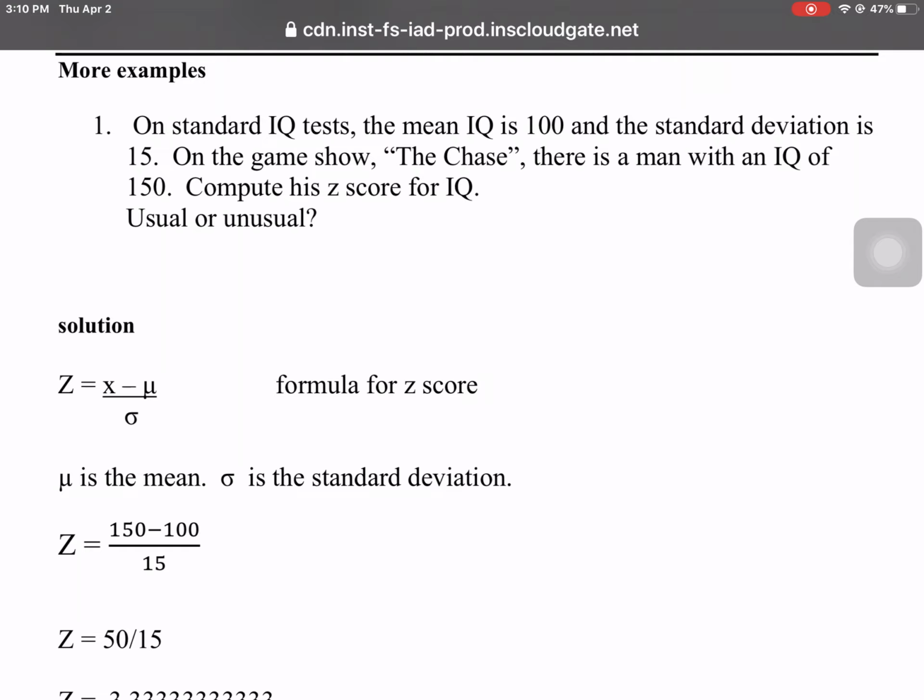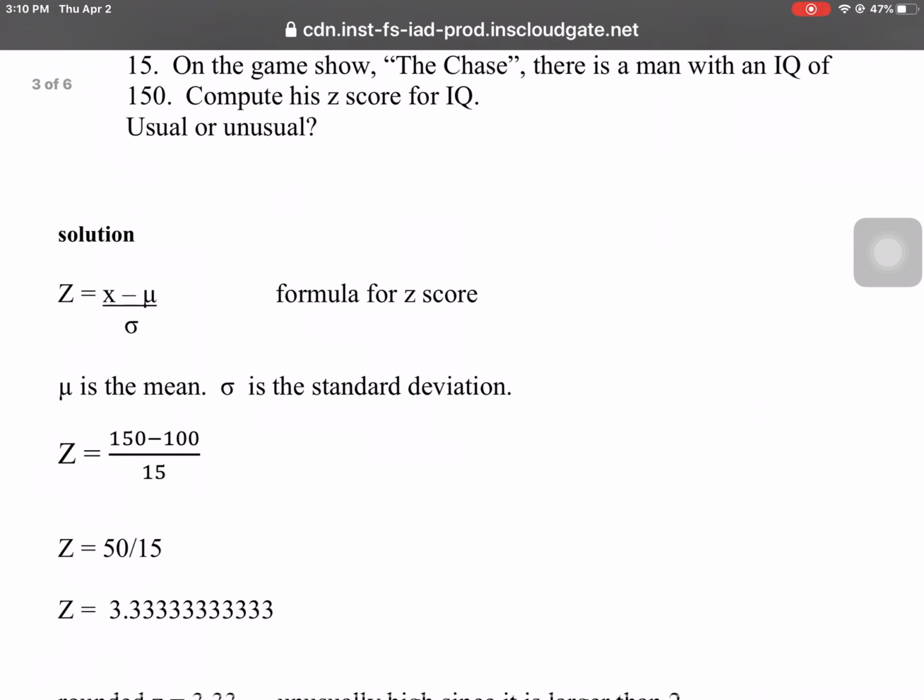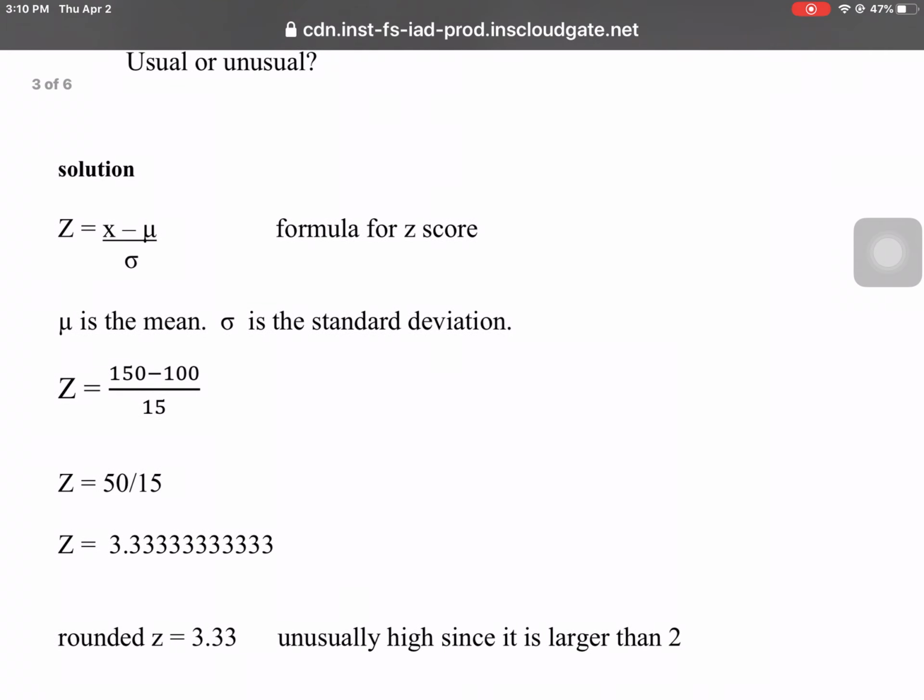So his IQ was 150, subtract the mean of 100, divide. 150 minus 100 is 50. Divide, we get 3.33. Rounded is 3.33. This is unusually high since it's bigger than the 2. The range is -2 to 2 to be usual from up above.